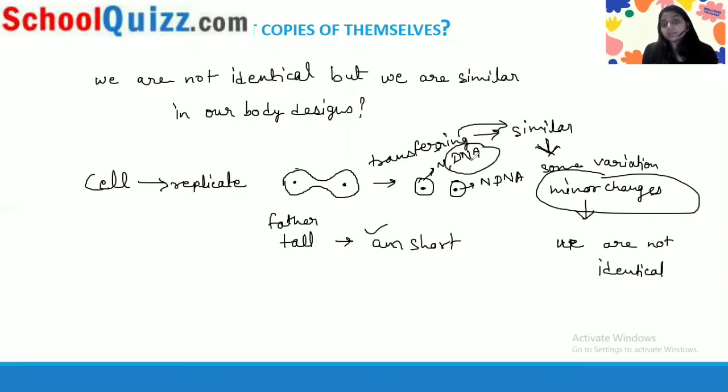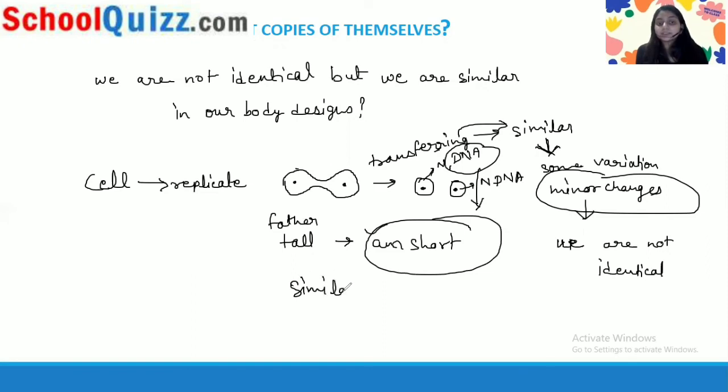Sometimes this information goes through some minor changes, and that's why we are not identical to our parent cells. But we are similar to our parent cells.